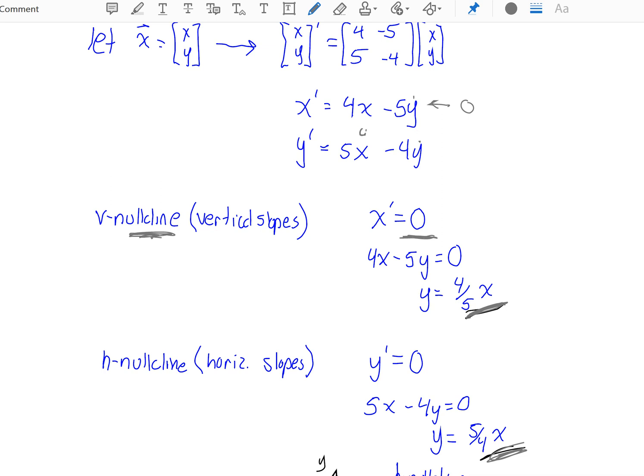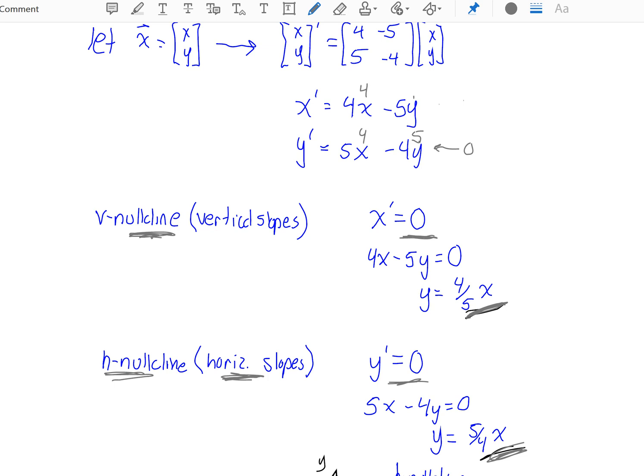If x is 4 and y is 5, then y prime turns into 0. But we should have known that because this is a horizontal nullcline. There's horizontal slopes only, which means y prime has to equal 0.